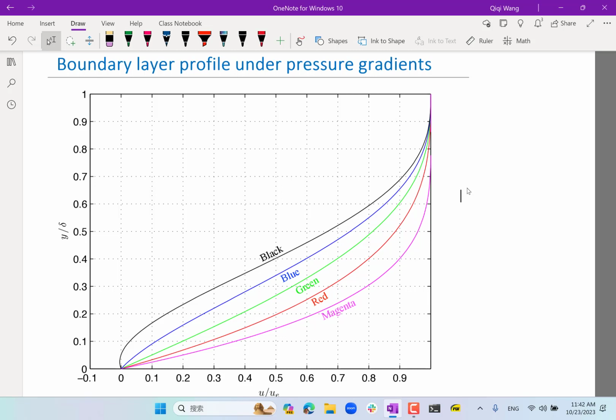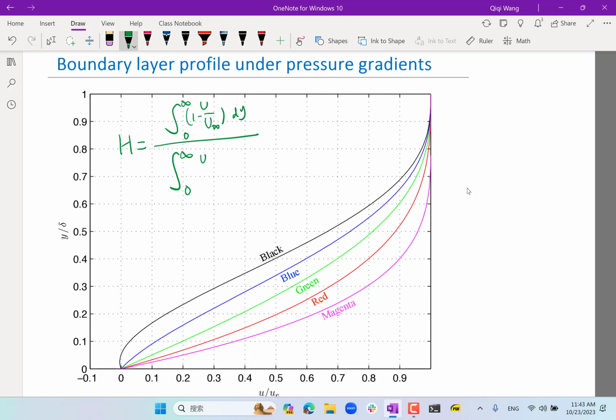So now with the knowledge that the magenta one is the most favorable pressure gradient and the black is the most adverse pressure gradient, which one has a higher H, higher shape factor? All right, so H is equal to the ratio between the displacement and momentum thickness. The displacement thickness is the integral of 1 minus u over u infinity.